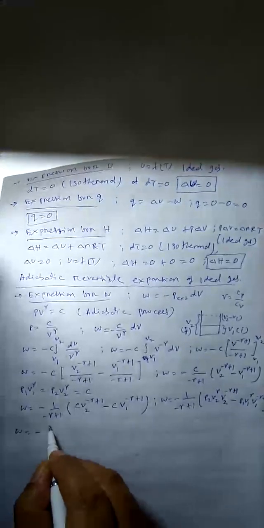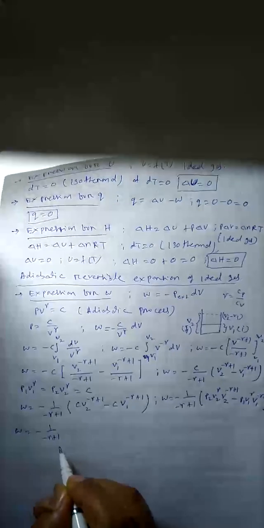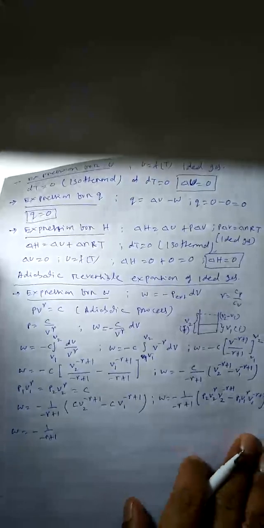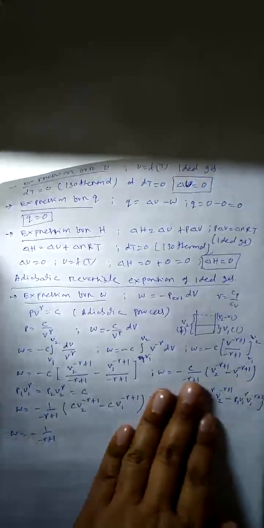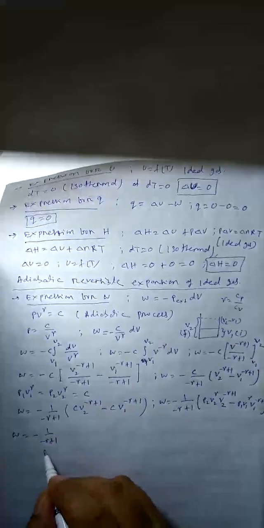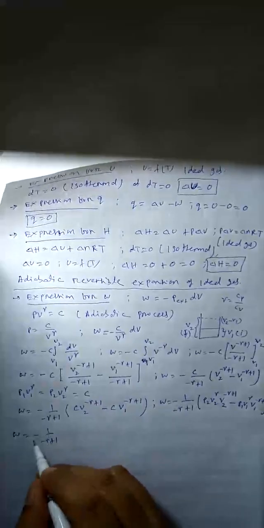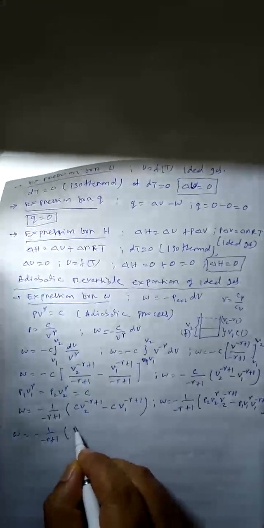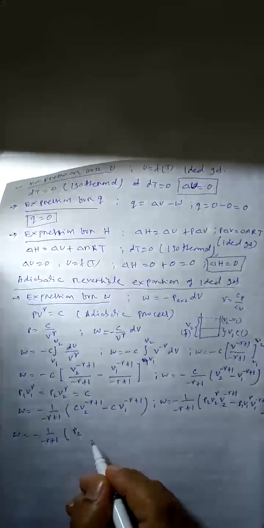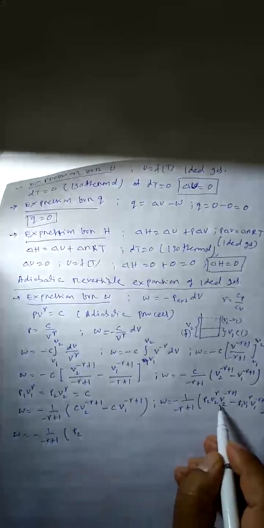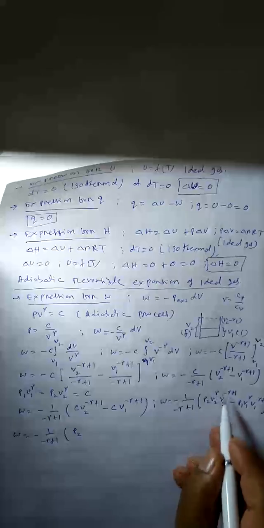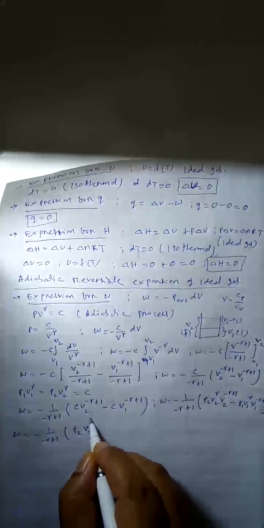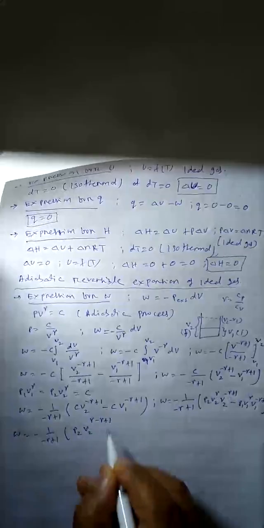to minus 1 by minus gamma plus 1. If you take common minus 1 by minus gamma plus 1, here we can write P2 is same, here V2 base is same, plus gamma minus gamma plus 1, so V2 to the power gamma minus gamma plus 1.